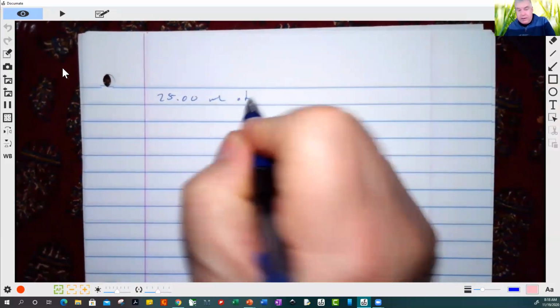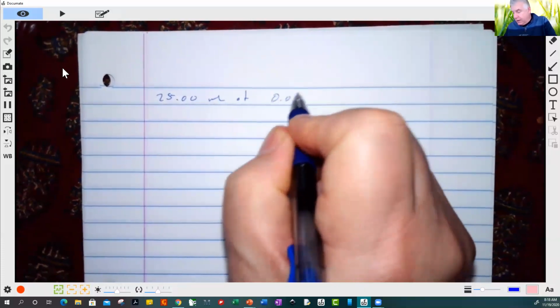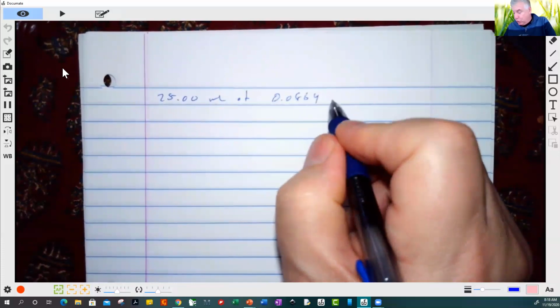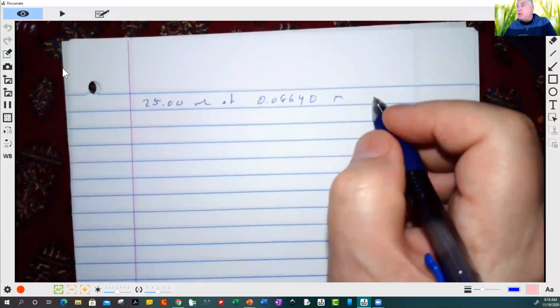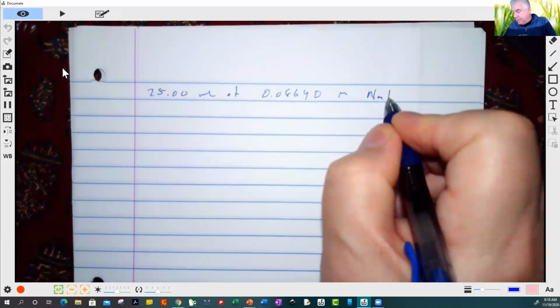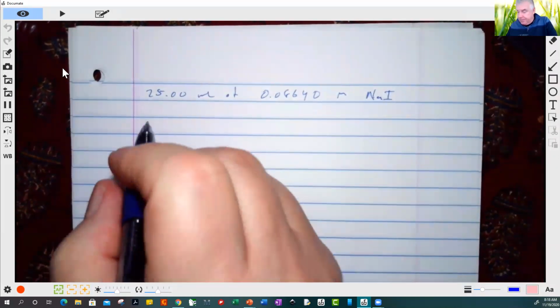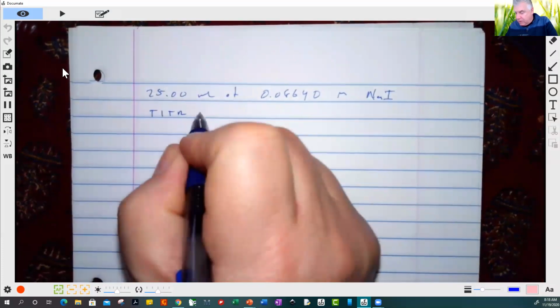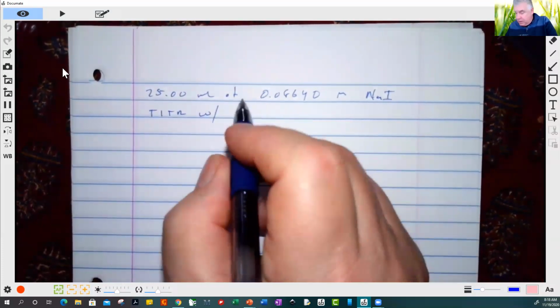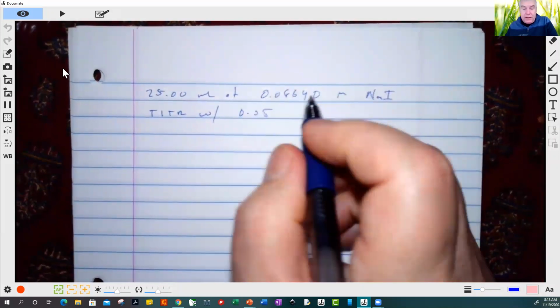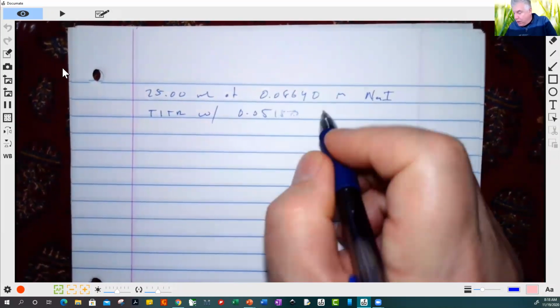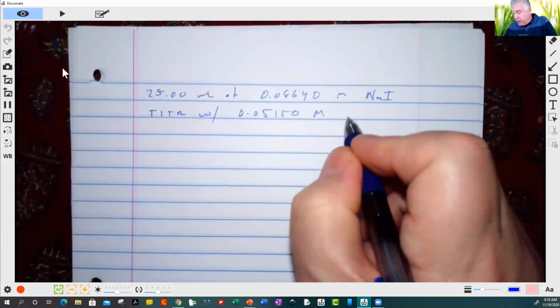So, here, let's try this one. Let's say that we have 25.00 milliliters of 0.0864 molar sodium iodide, and we're going to titrate with 0.05 molar silver nitrate.